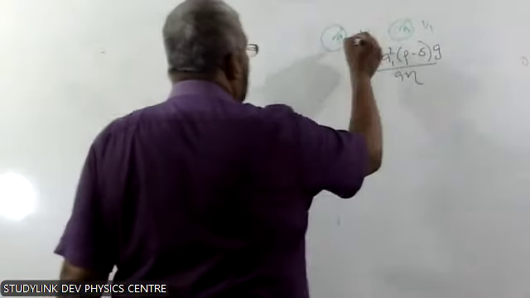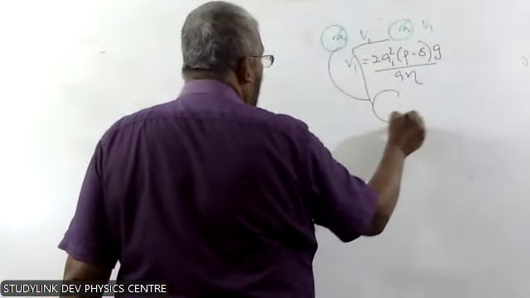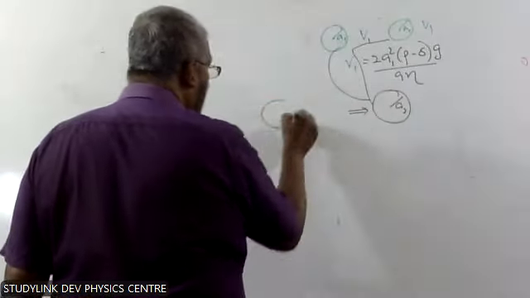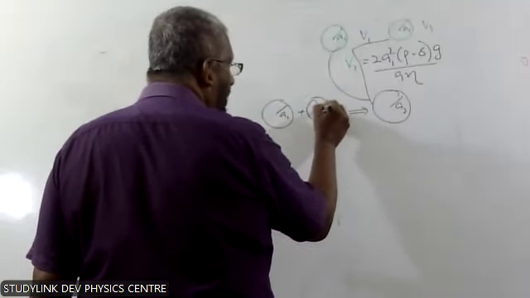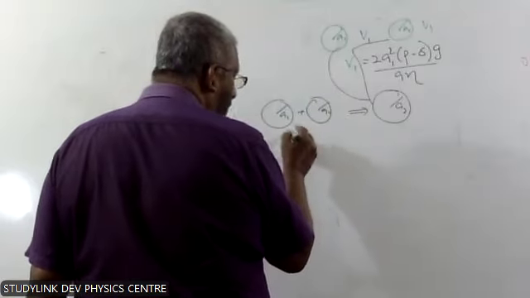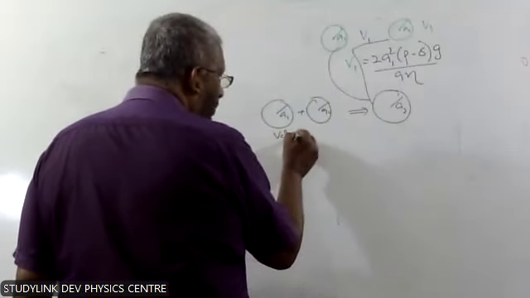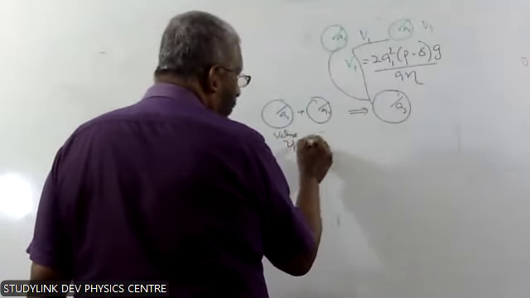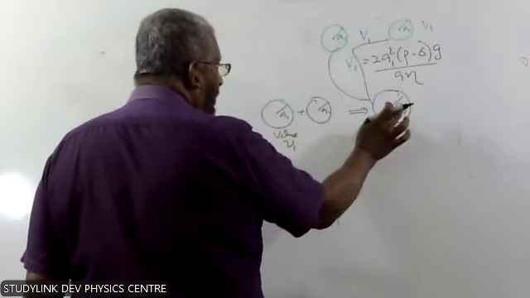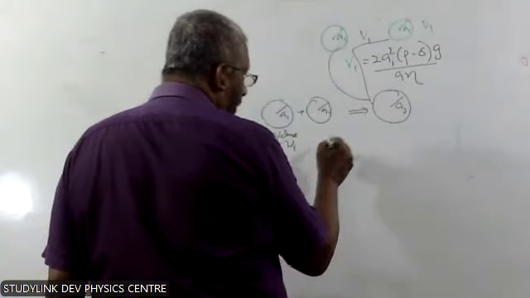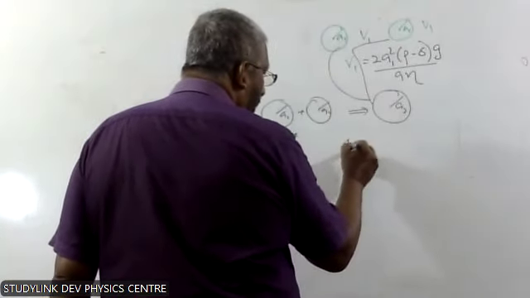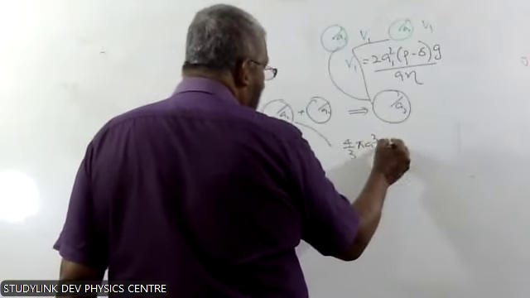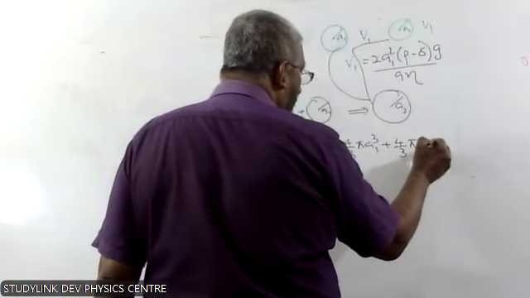Now they combine together. Then you get a larger one with radius A2. The volumes of these two are added. Volume of one is 4 by 3 pi A1 cube, plus another 4 by 3 pi A1 cube.